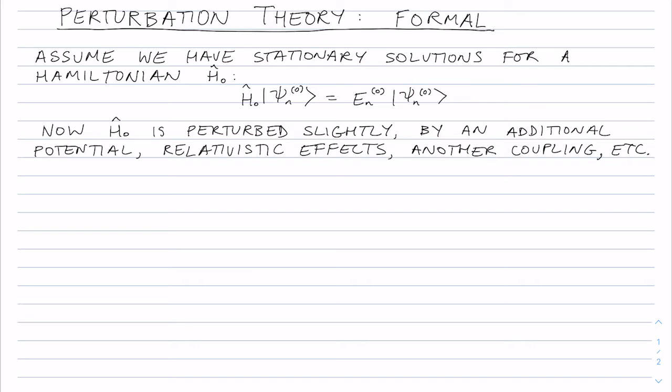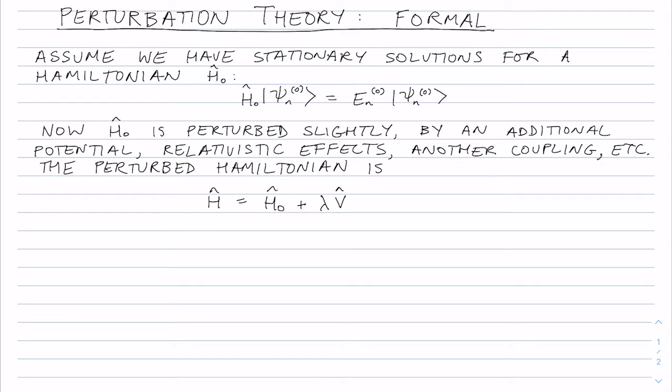So the perturbed Hamiltonian is going to be written as follows. You've got the original Hamiltonian, which is the unperturbed, and you add a small perturbation V to it.